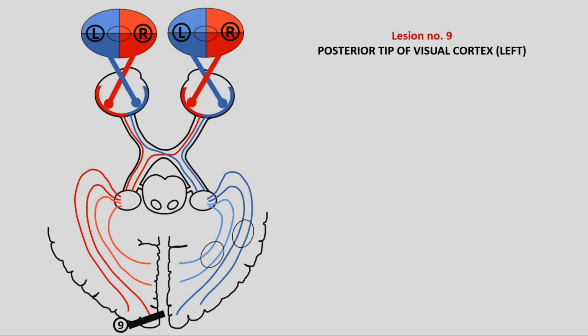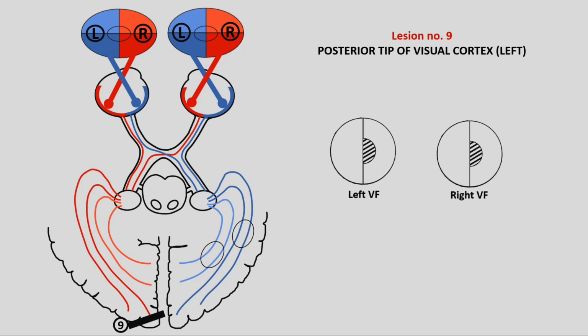So in this particular case, the field defect will look like this and is known as right homonymous macular defect. And what if damage occurs in the posterior region of the visual cortex covering both right and left portions? Then the visual field defect covers the whole macular area and will be known as macular anopia.